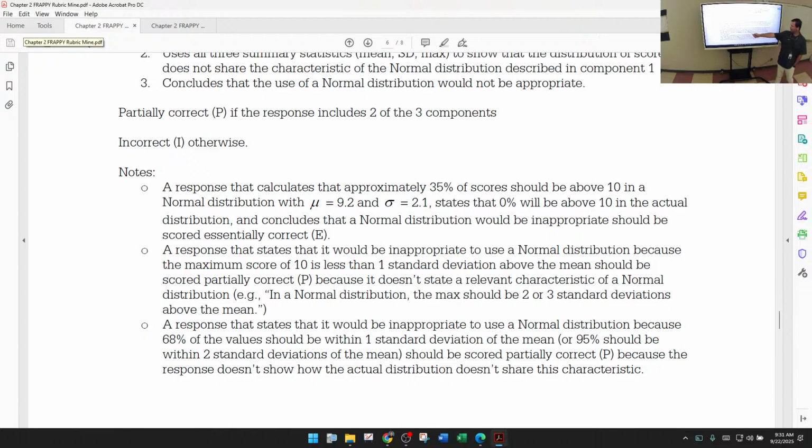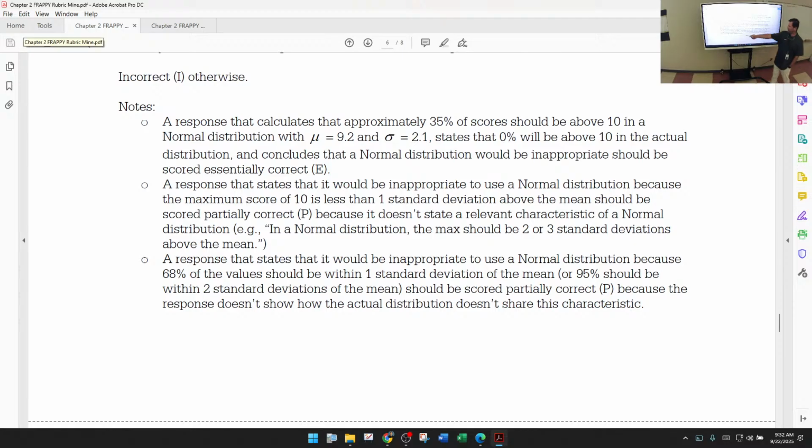A response that states that it would be inappropriate to use because the maximum score is 10, which is less than 1 standard deviation above the mean, should be scored a P because it doesn't state a relevant characteristic of a normal distribution, i.e. in a normal distribution, the max should be 2 or 3 standard deviations above the mean.